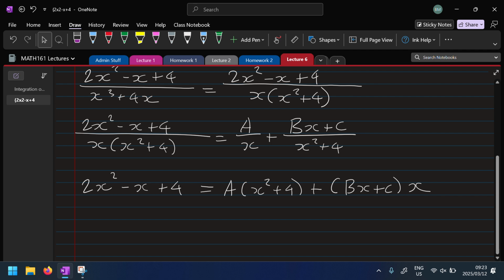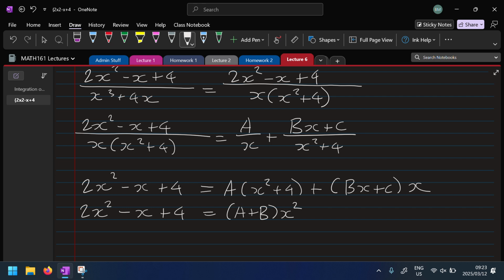Okay, we can simplify this a bit further. So we have 2x squared minus x plus 4 is equal to, we have ax squared, and the second term we have bx squared. So we can write that as (a plus b) x squared. Then we have cx, so we can put (c) x. And lastly, we have 4a, so we can put plus 4a.